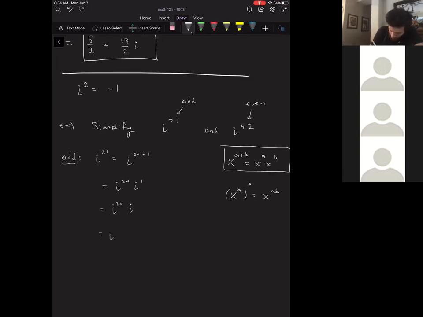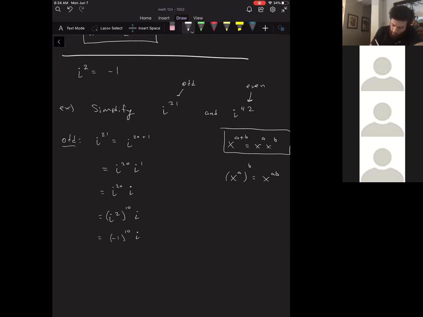So this is going to be i to the 2 to the 10th power times i, because 10 times 2 is 20. But then now we know i squared is minus 1. So this is going to be minus 1 to the 10 times i. And we know that if we ever have a minus 1 to an even number, that's just positive 1. So this is going to be positive 1 times i. And that's going to equal i.